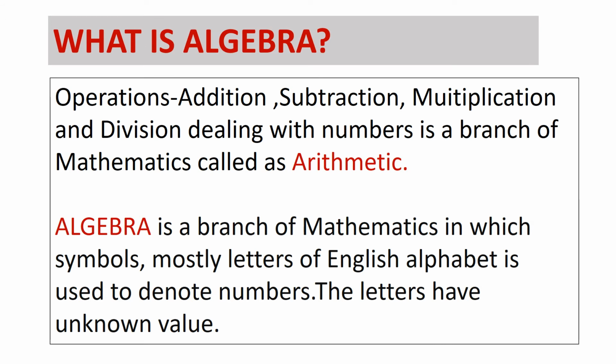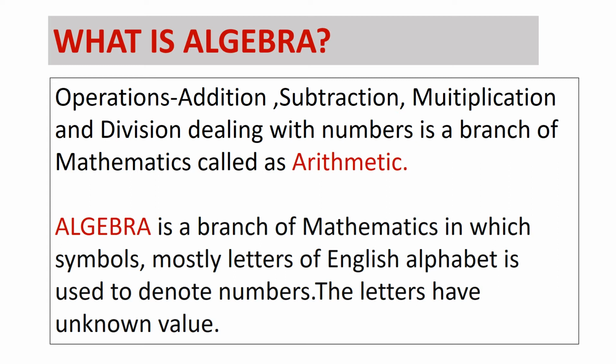What is algebra? Till now, children, we did operations like addition, subtraction, multiplication, division with numbers. These operations were dealing with numbers, which is a branch of mathematics called arithmetic. So, till now, children, we were doing arithmetic. Now, what is algebra?